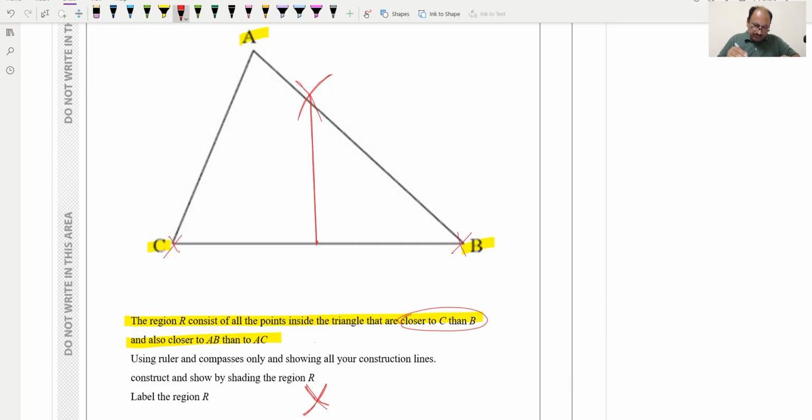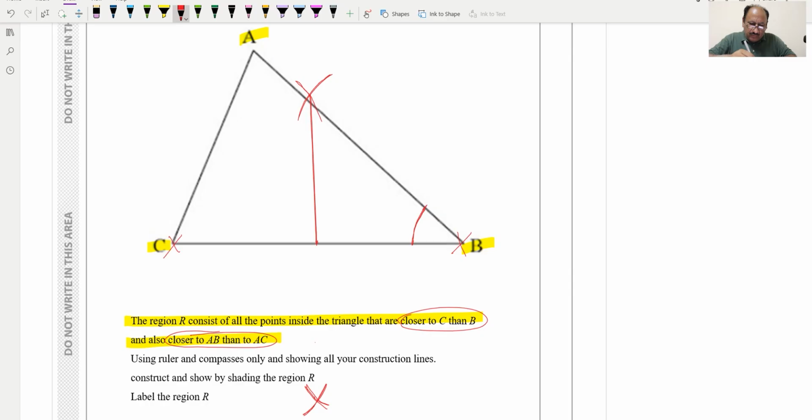Now after this we are considering closer to AB than AC. So an angle bisector is required, so we will be drawing an arc with the help of a compass. This is roughly the arc which I have drawn, and now we can draw the angle bisector.